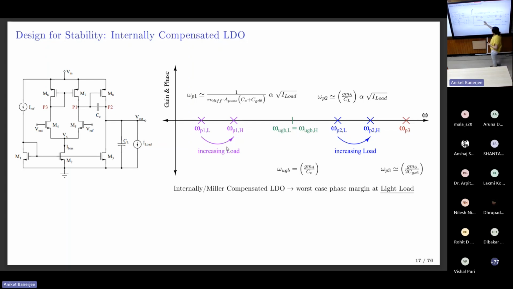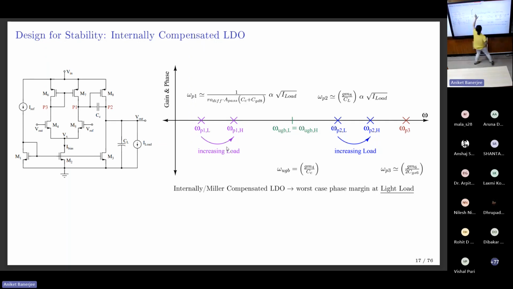So the first pole, or in this case, think about this one as the dominant pole, and this one becoming the non-dominant. Okay, the dominant pole, the capacitance is getting multiplied by the intrinsic gain of M2.